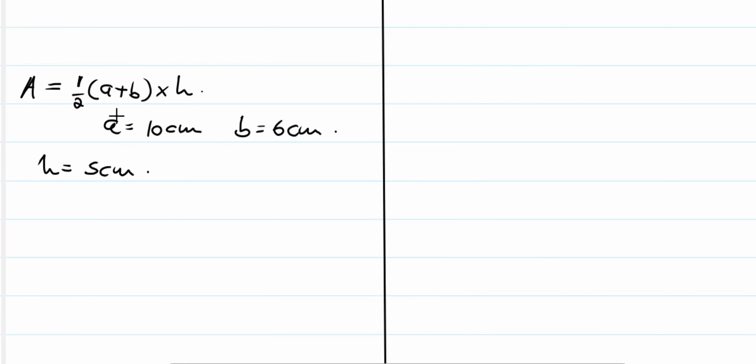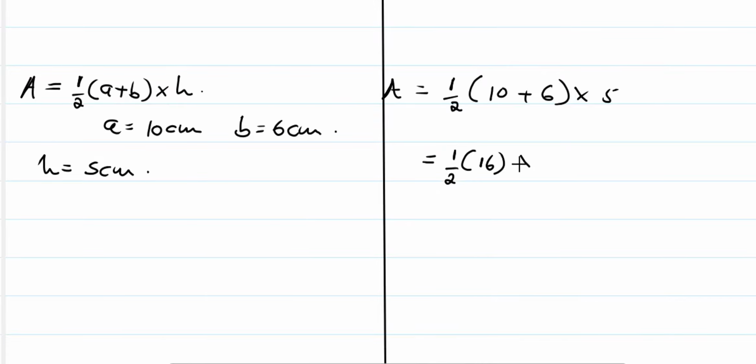So to get the area, we need to say area A is equal to half into, you already know A is 10 centimeters, then plus B, which is 6 centimeters, then multiplied by H, which is 5 centimeters. So from there, we can take half into 10 plus 6, which is 16, then multiplied by 5.